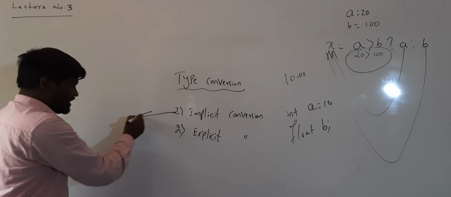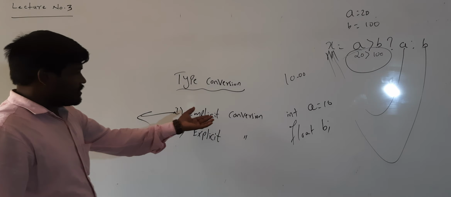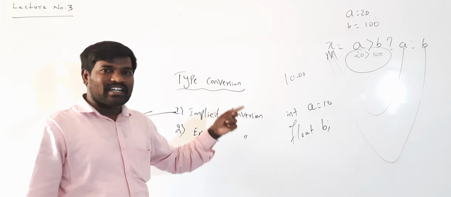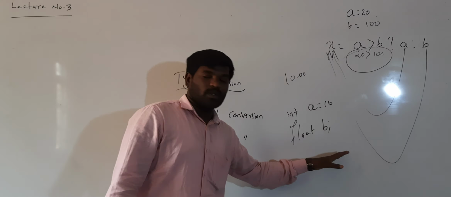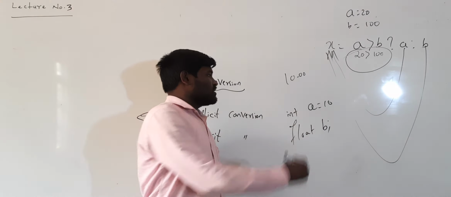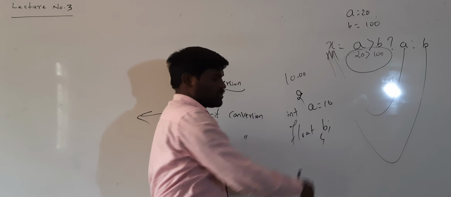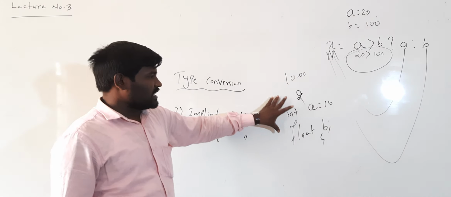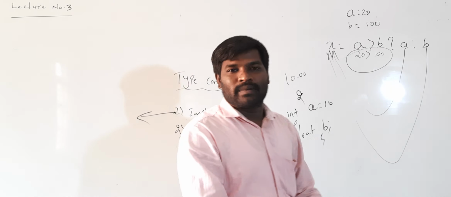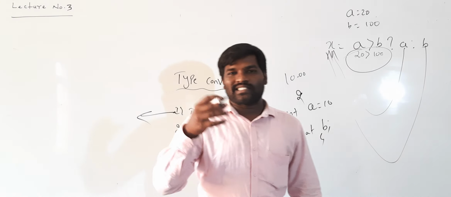Here implicit conversion means it does not require any operator to convert from one data type to another data type. So here the source data type size is 2, here 4. For example, if I want to enter any number, it requires some memory.